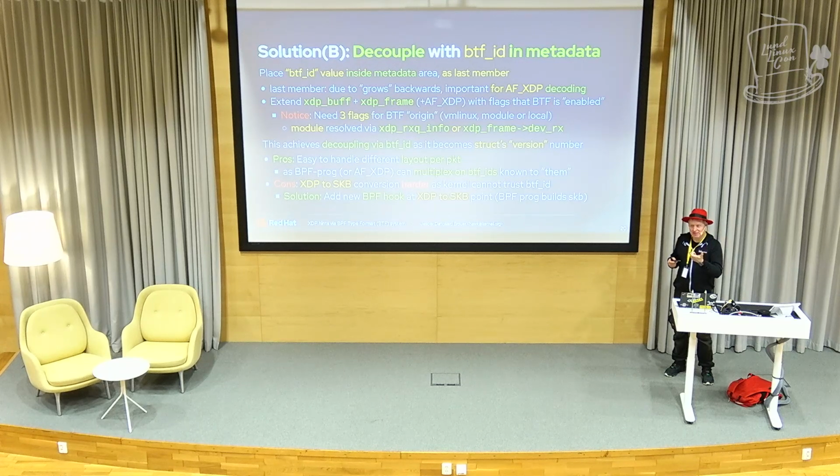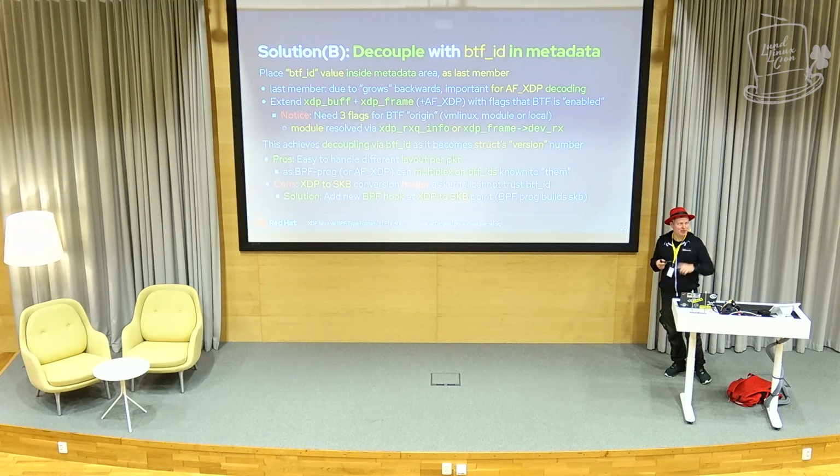Given the ID, we also know the size of the structure, because we can look up ahead of time all the IDs we are expecting. Björn is the AF_XDP maintainer, and the idea is that we don't take up any option fields.